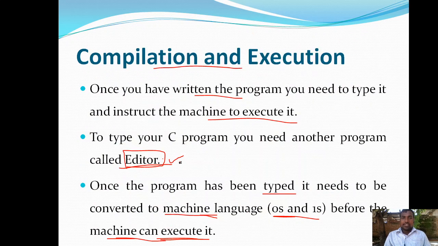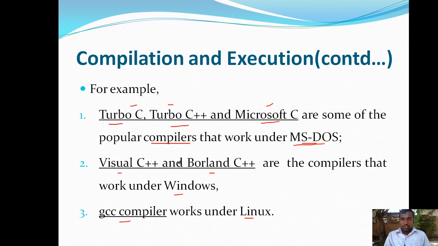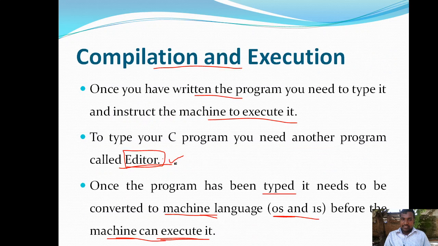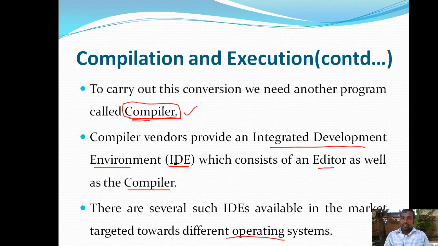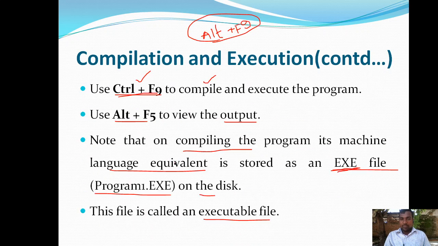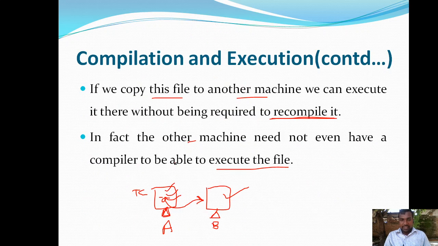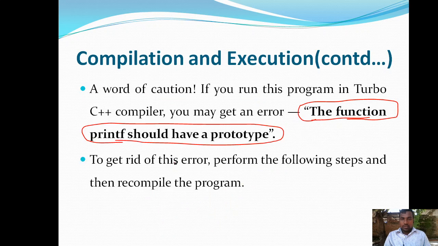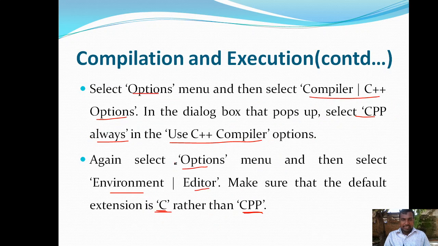Then we discussed the several software programs, IDEs or compilers, that are available to write and execute the C program, and we have already discussed the editor application and compiler application. And then we have discussed the several procedural steps to compile and execute the C program.